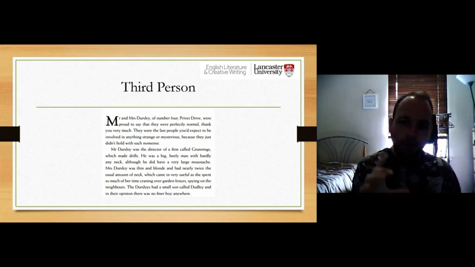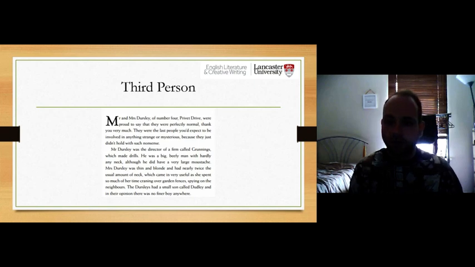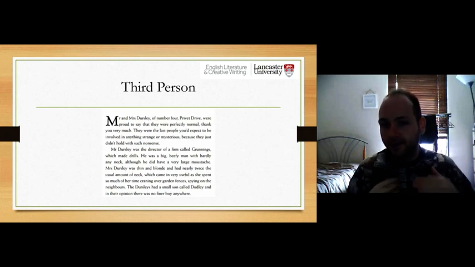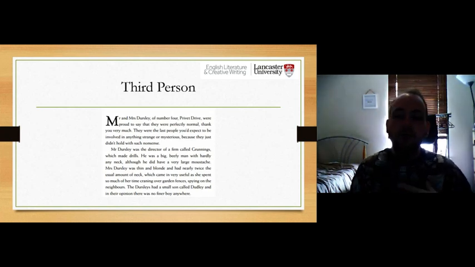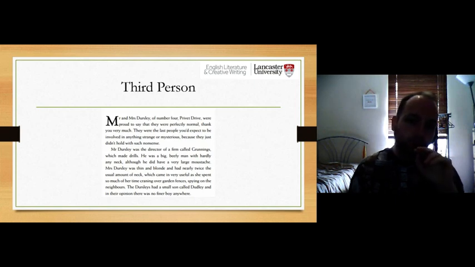Now the third person, and if you know the books or the films, as I'm sure so many of you do, the third person allows us to create distance from these characters. And when we know that Mr. and Mrs. Dursley aren't particularly nice people, you can see why the narrator would want to do that. To look at them and point at them and point out their flaws.